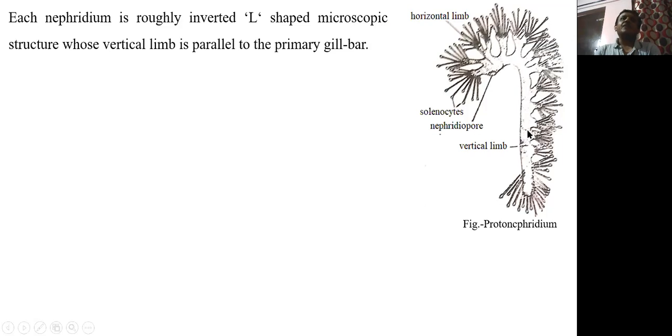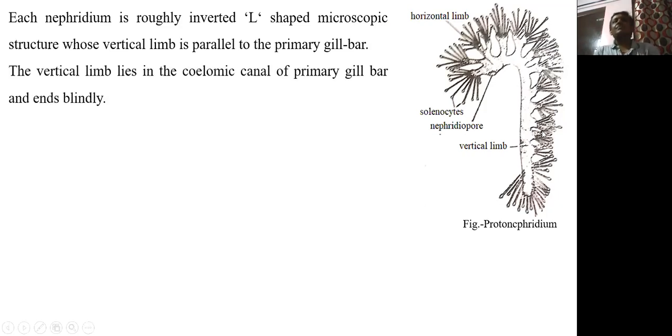As we have seen, the pharynx is perforated by gills, and the gills are supported by gill bars. Initially there are primary gill bars, and further the dorsal wall of the gill divides the gill into smaller and more numerous gill slits. That results in the formation of secondary gill bars. But initially there are primary gill bars, and hence these nephridia which are present on the lateral wall of the pharynx are parallel to the primary gill bar.